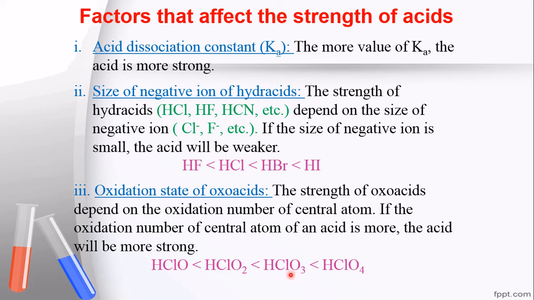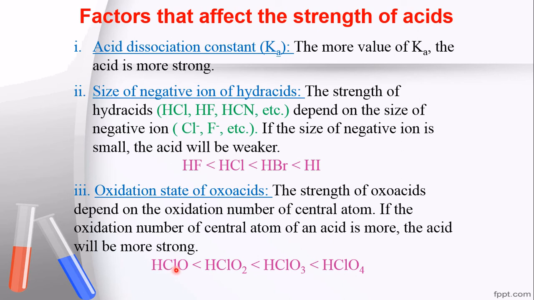Here +5 for chloric acid and +7 for perchloric acid. Look, since the oxidation number of chlorine is +7, the highest, for perchloric acid, perchloric acid is the strongest acid. And among these four acids, hypochlorous acid is the weakest acid.